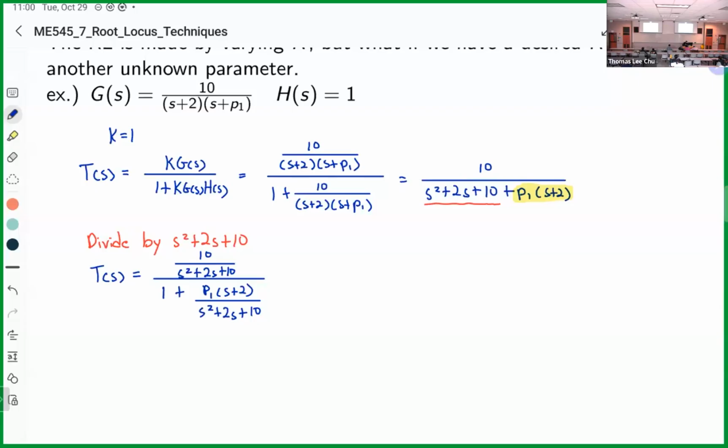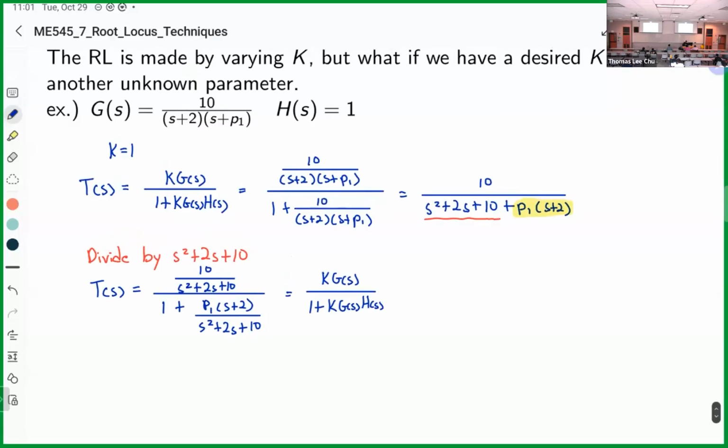And basically what we're trying to say is now we can redefine this as k g of s divided by 1 plus k g of s h of s. So basically we moved this term here and put it into h.